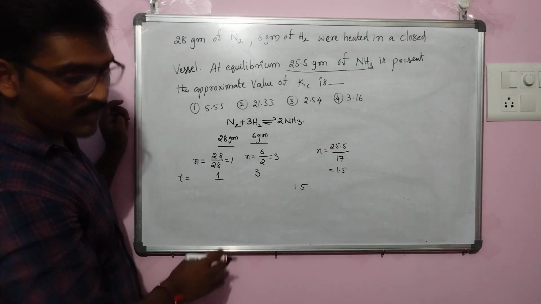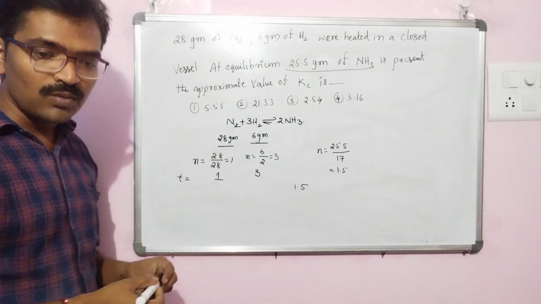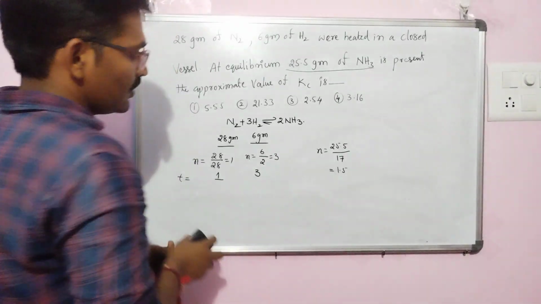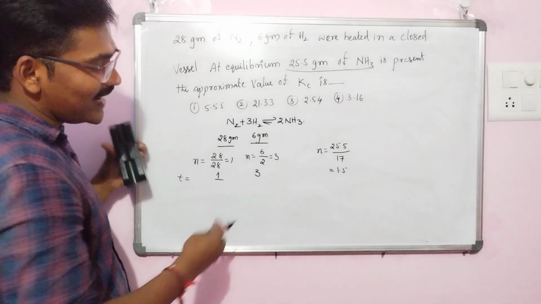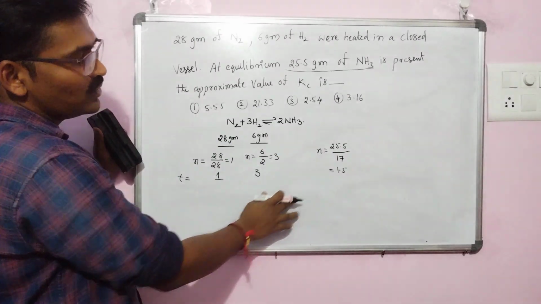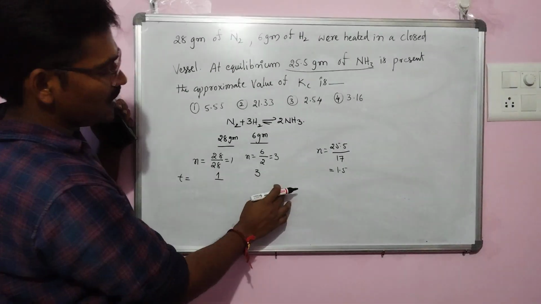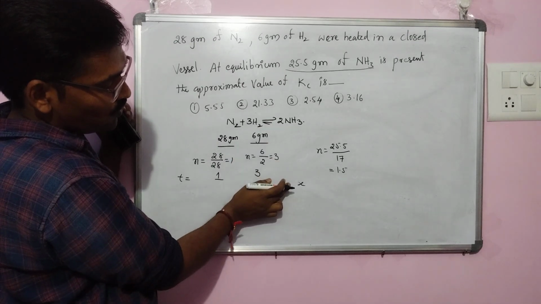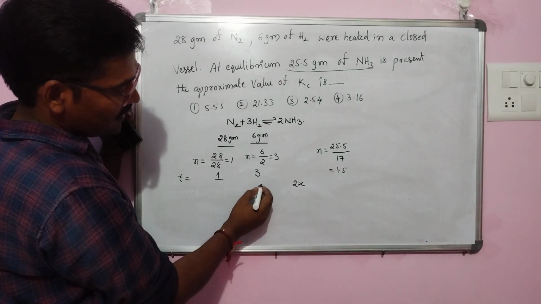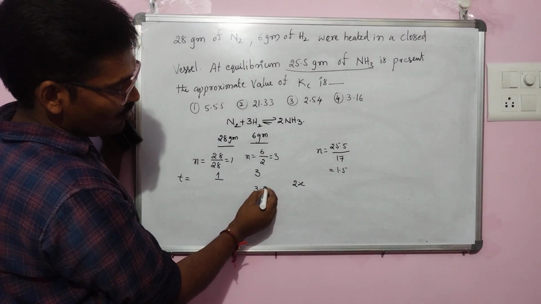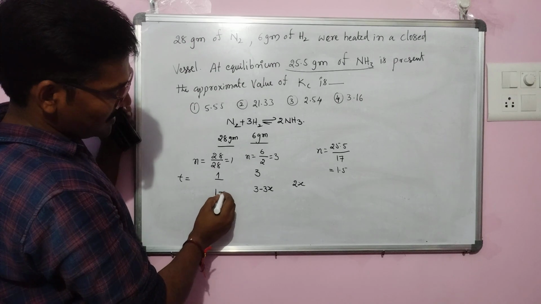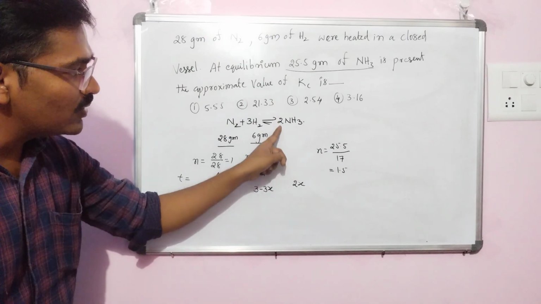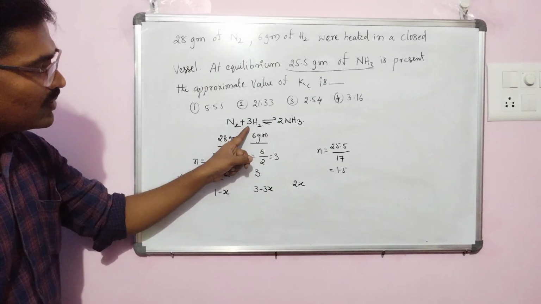Before going further, a small discussion. We don't know exactly how many moles are converted, so we take 2x moles, according to the stoichiometric coefficient of 2. Then hydrogen is 3 minus 3x, and nitrogen is 1 minus x. If x moles are dissociated, stoichiometric 2 gives 2 into x, stoichiometric 3 gives 3 into x.